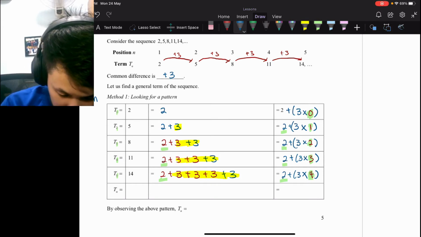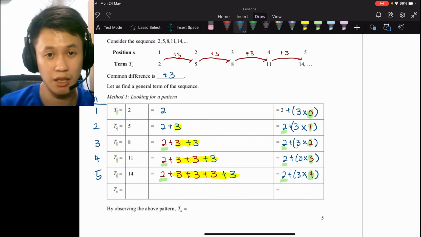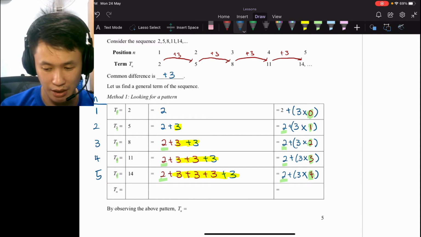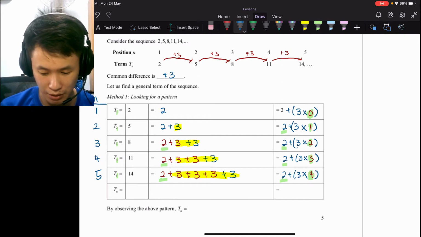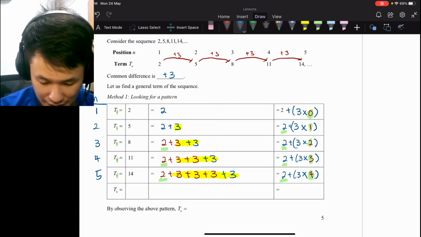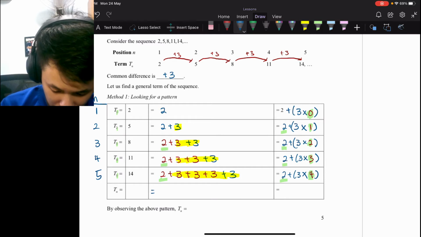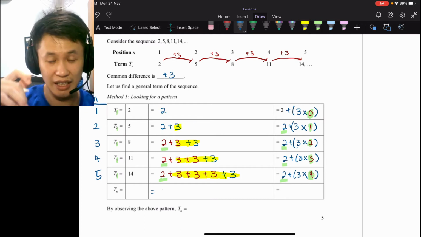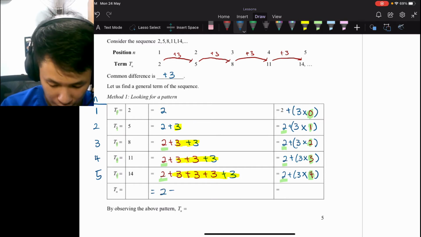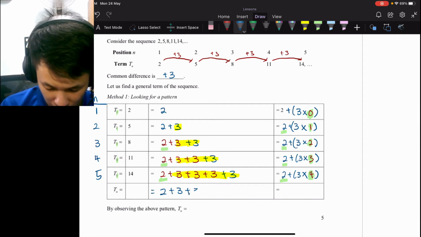So if I have a column here for n, this will be 1, 2, 3, 4, 5, right? This is the position number. So can you see the multiplier is always 1 less than the position number? So I can say that in fact what I have here for the general nth term is 2 plus 3 plus 3 plus dot dot dot plus 3.